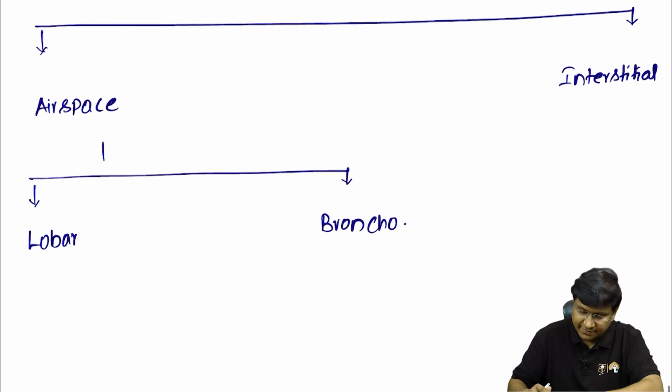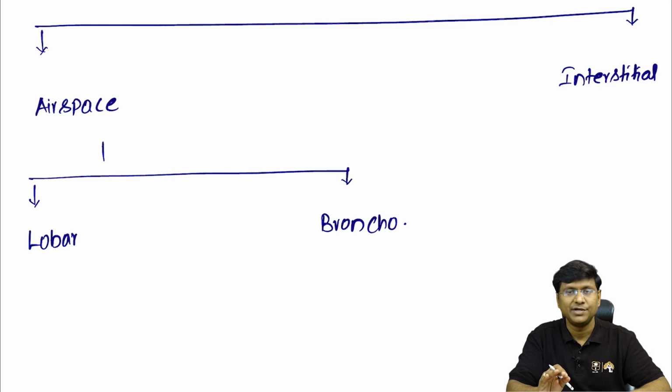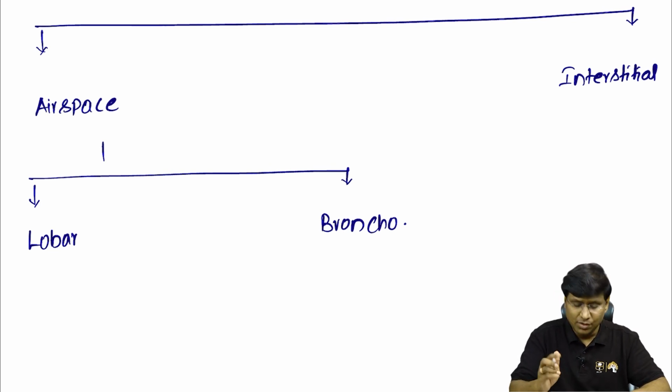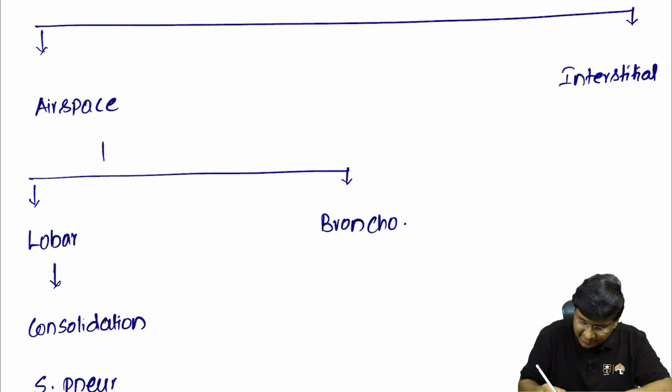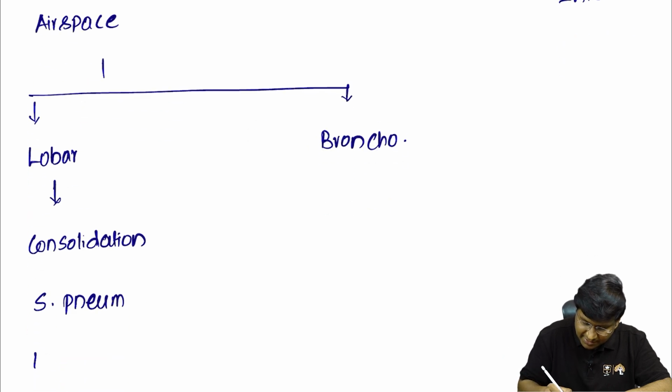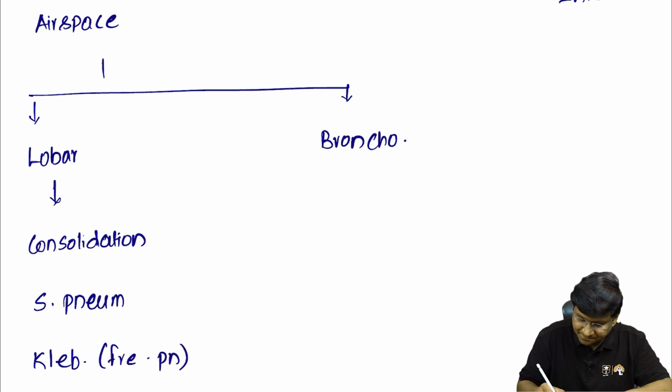As the word itself tells you, in lobar pneumonia, it is the entire lobe of the lung which is affected. So here you will have lobar consolidation. The most common organism causing lobar pneumonia is Streptococcus pneumoniae, and the next important organism is Klebsiella. Klebsiella pneumonia is also called Friedlander's pneumonia.